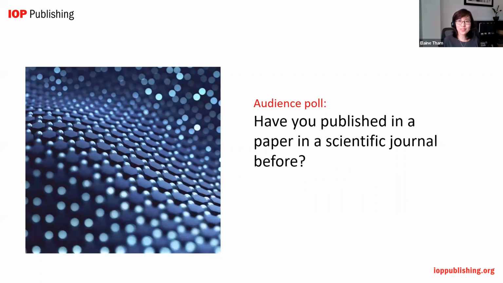So before we go into the next section, I'd like to find out how many of you have already published a paper in a journal before. So let me just launch this next poll and really be interested to see your responses.